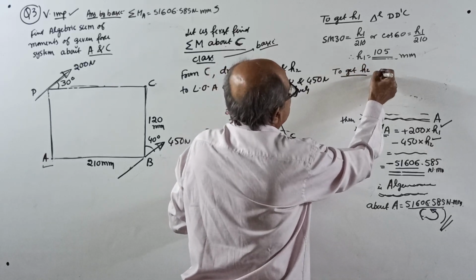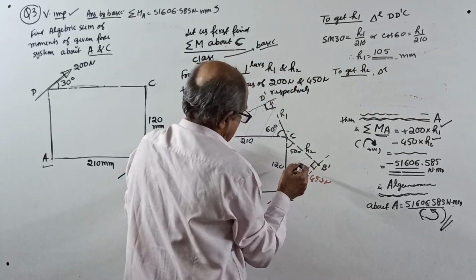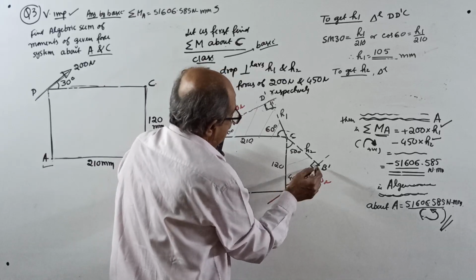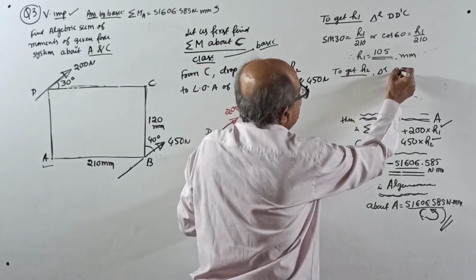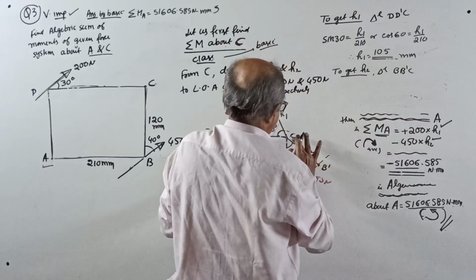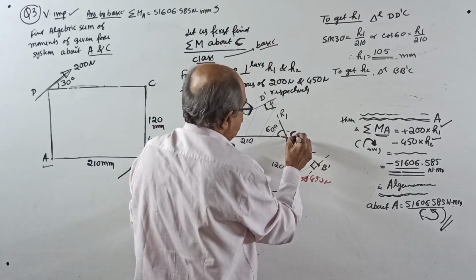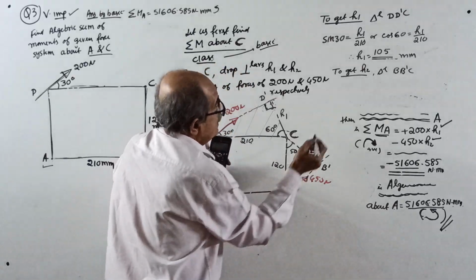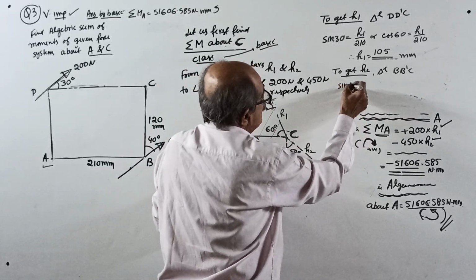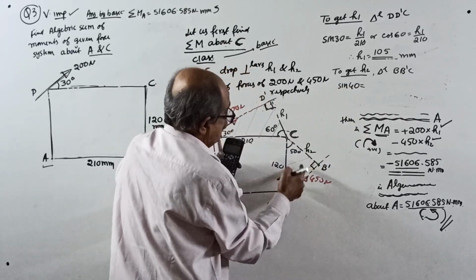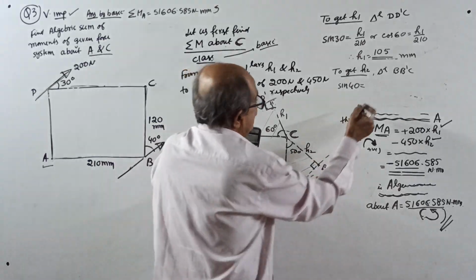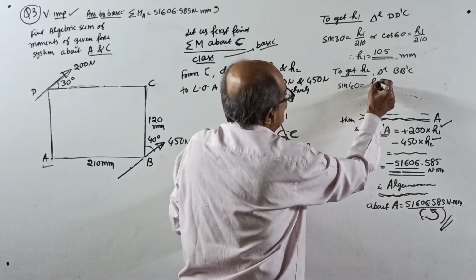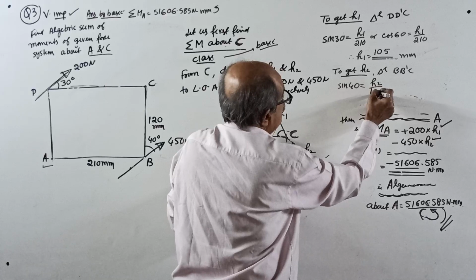Okay. Now, to get H2, sin 30 is half. To get H2, triangle B dash C. This is C. Important point. Again, see here. Sin 40 equal to H2 divided by 120.